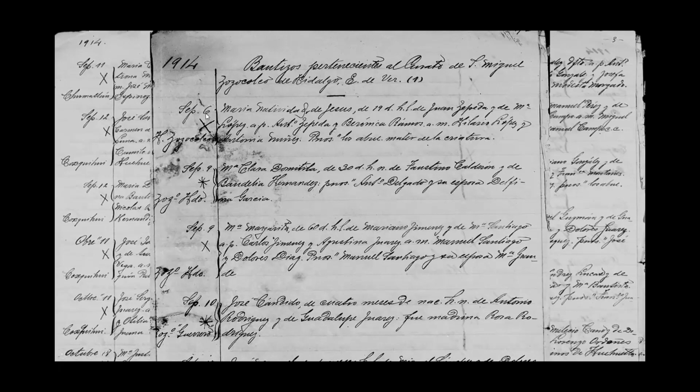So that's a little odd, because normally these registers will start with a date phrase, but in this case we can see it, and so we'll just go ahead. So this first entry says Maria, a very common name, and then we get to this next name, which is not very clear. That first letter looks a little odd. So what I would do first is see if I can find a letter that looks similar.